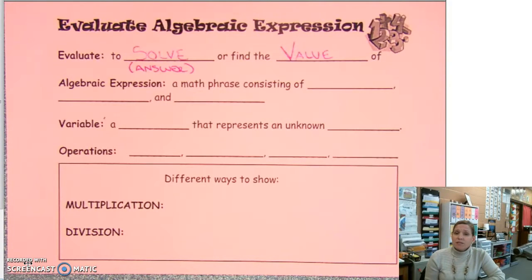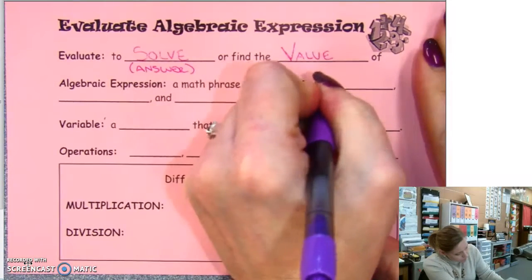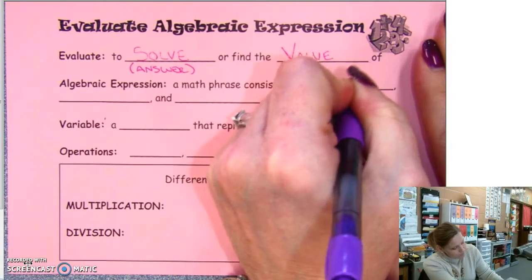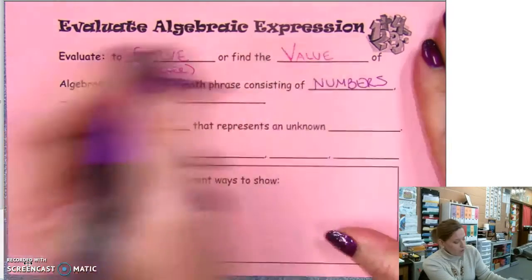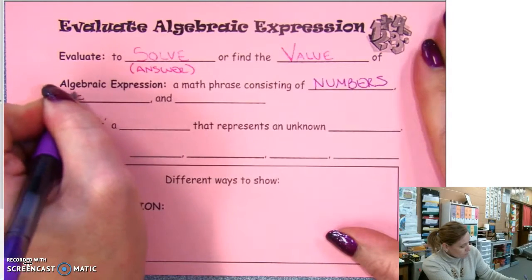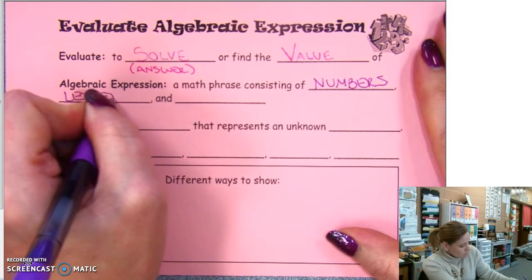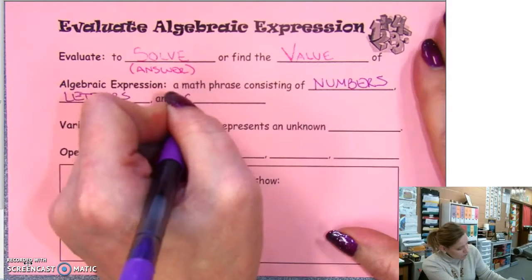So the next part is, what is an algebraic expression? An algebraic expression is simply a math phrase that consists of numbers, letters, and operations.